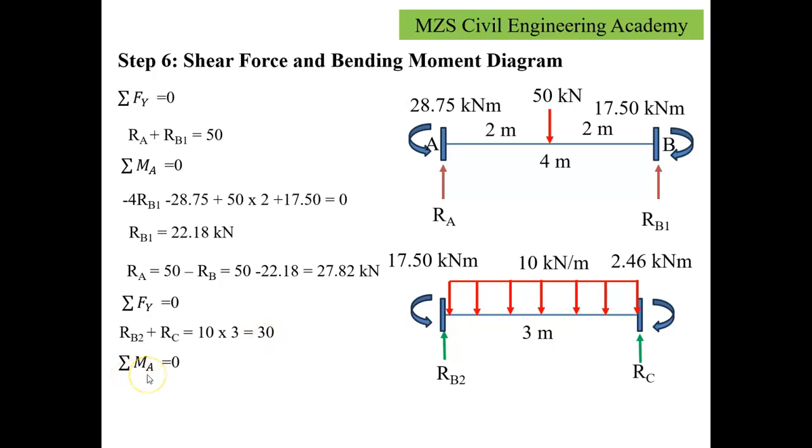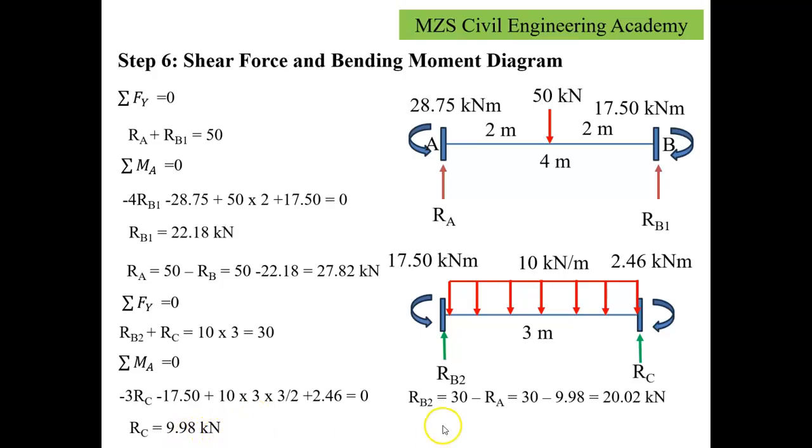If I take moment about B, then I will get minus 3 times RC, minus 17.50, the anti-clockwise moment at the end B, plus 10 into 3 into 3 by 2, that's the rotation effect of the UDL, plus 2.5, which is the moment at the end C. From this we get RC equals 9.98 kilonewton, and if I back substitute this value in the summation of vertical forces equation, I get an RB2 value of 20.02.